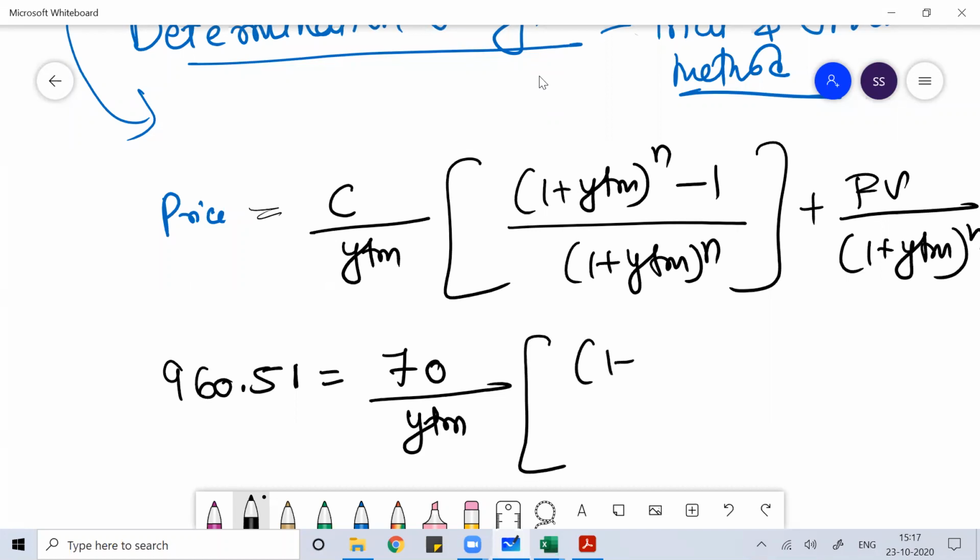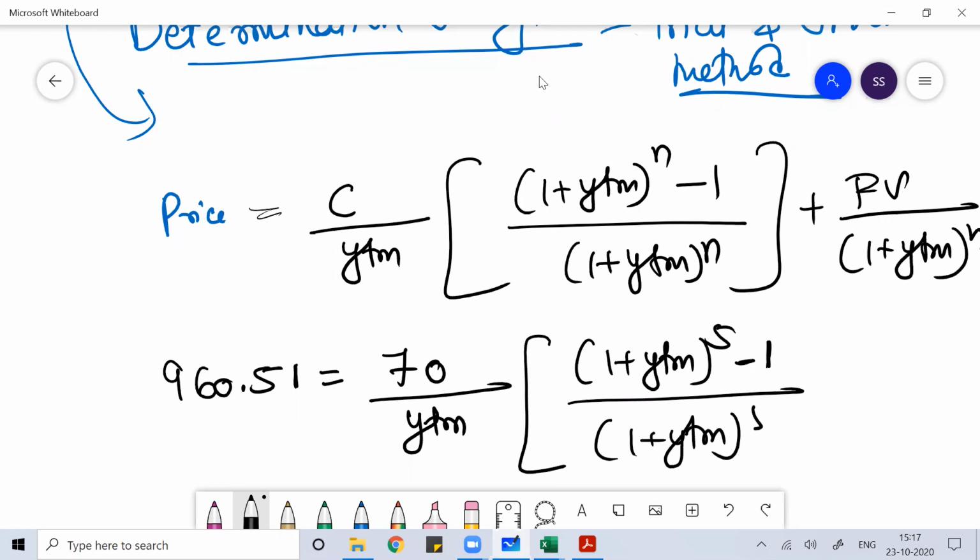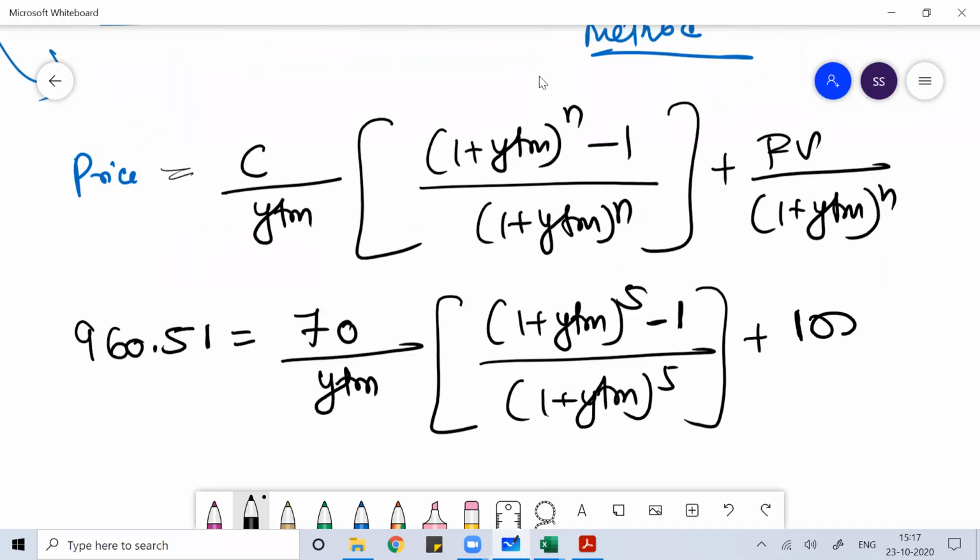The formula has (1 plus YTM) to the power 5 minus 1, divided by (1 plus YTM) to the power 5, plus the face value of 1,000 divided by (1 plus YTM) to the power 5. I want to determine the value of this YTM. Again, there is no formula to find the YTM directly. The only way is the trial and error method.